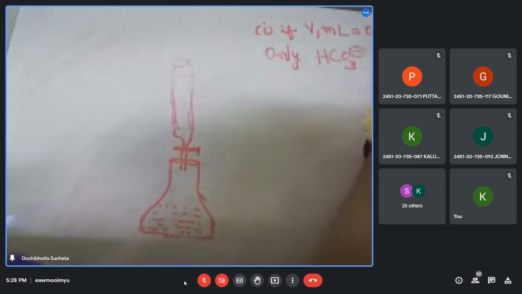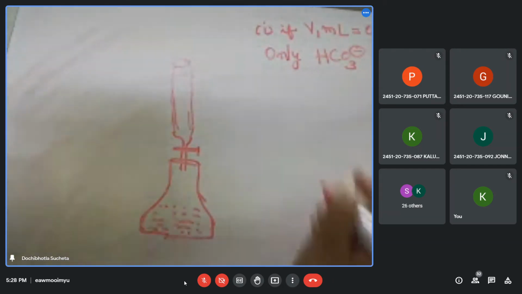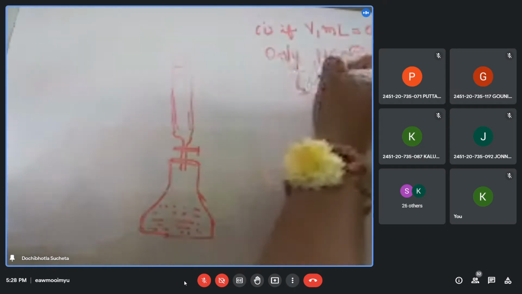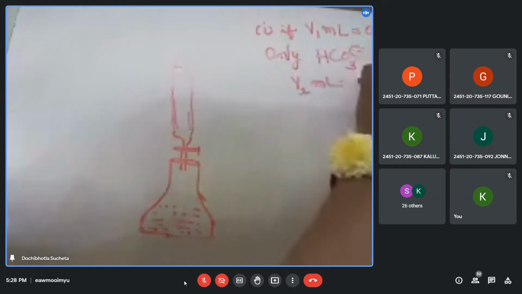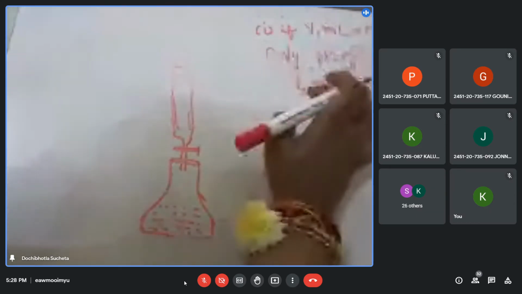Then V2 ml is equal to M. ఎందుకు, M is equal to V1 plus V2.